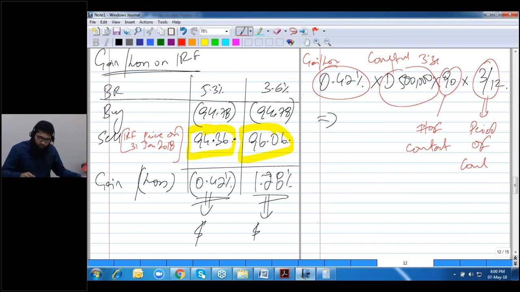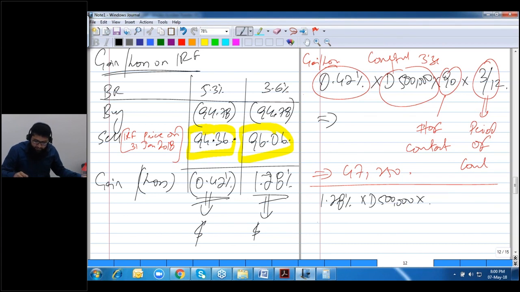Okay, so can you please advise how much this gain or loss is? Negative, okay, it's 47,250. Similarly, in the other scenario, can we have a gain or loss? It's 1.28% into D 500,000 into 90 contracts into 3 upon 12.